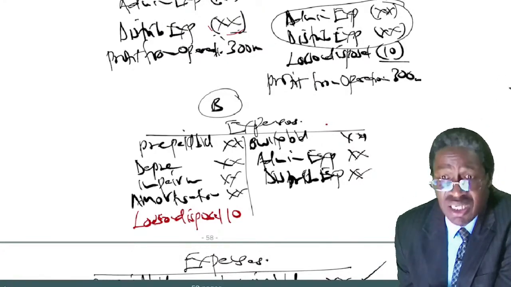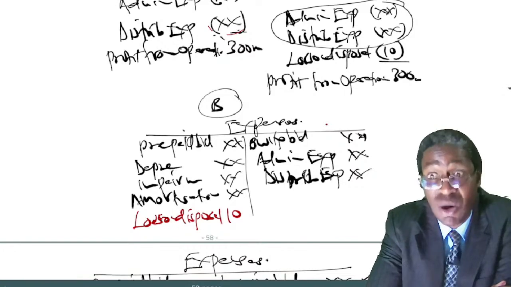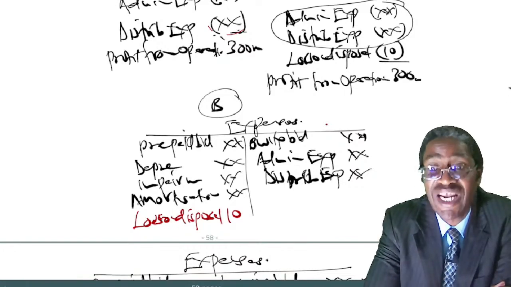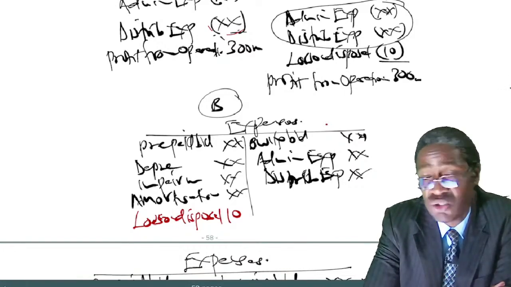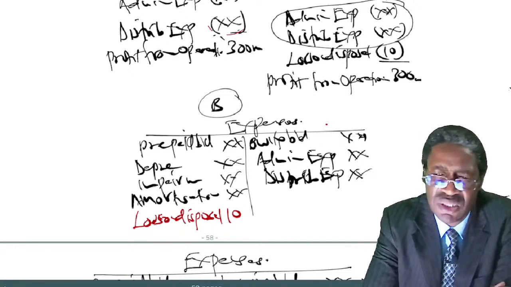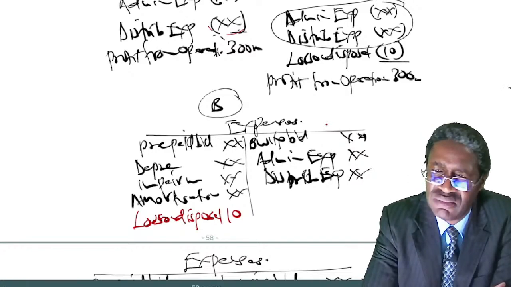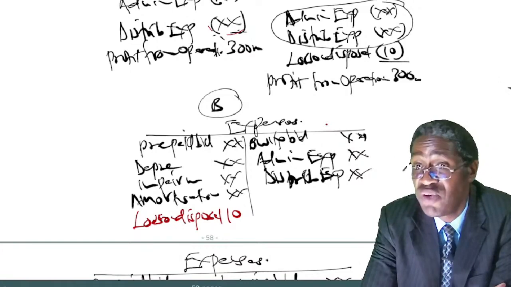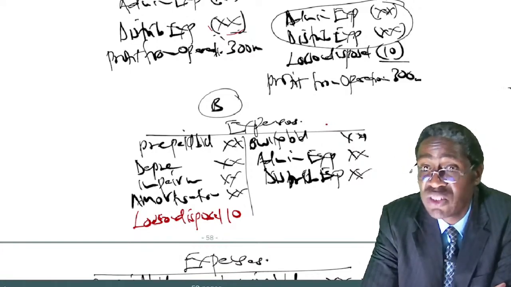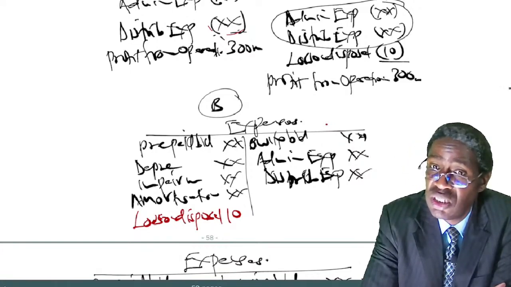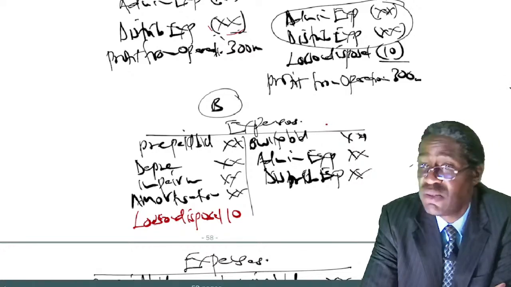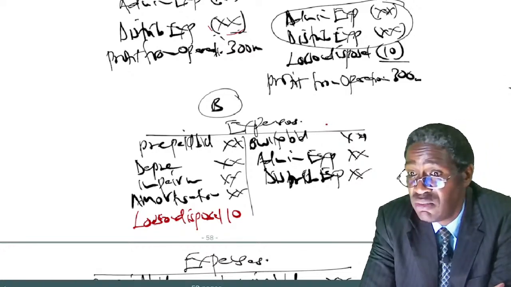Will I come and say for accountant B that I less the 10 million loss on disposal? It's true, it's an expense. It's true, it's an uncash item. But will I come and remove it the way I've removed depreciation, amortization, and impairment? Will I do the same?